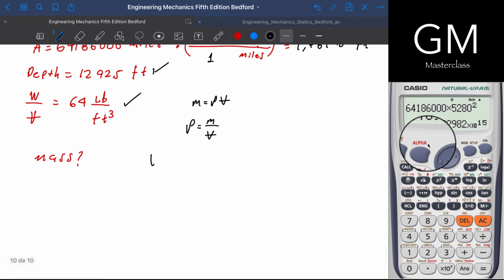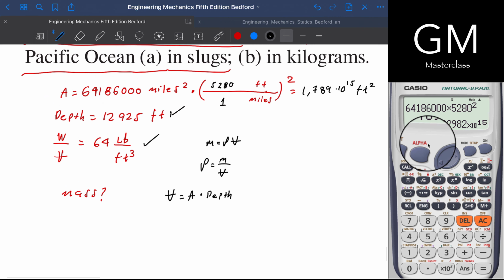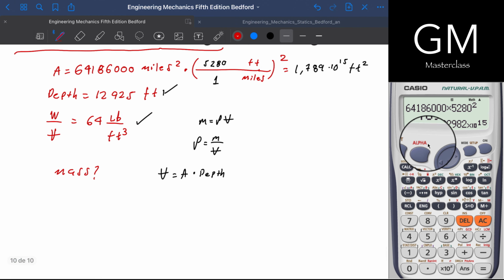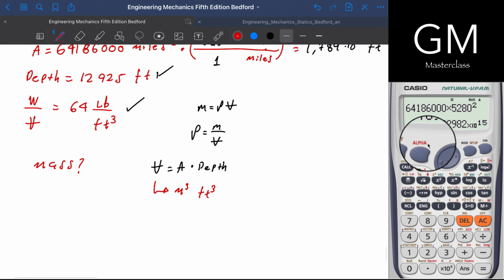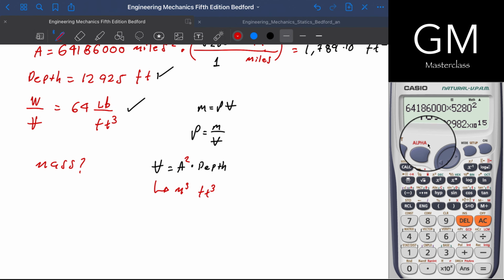So a volume is equal to an area multiplied by a depth. And that is what I have right here, because a volume is given in meters to the third power, feet to the third power, everything to the third power. So an area is to the second power and a depth is just to the first power.